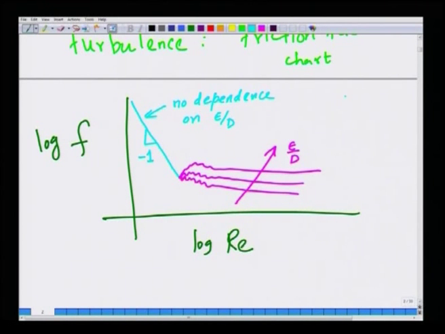So, this is an experimental observation of pressure drop versus flow rate, which is reformulated in a non-dimensional sense and plotted in terms of friction factor and Reynolds number.